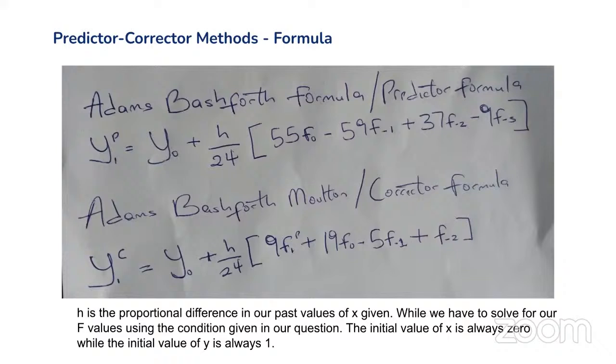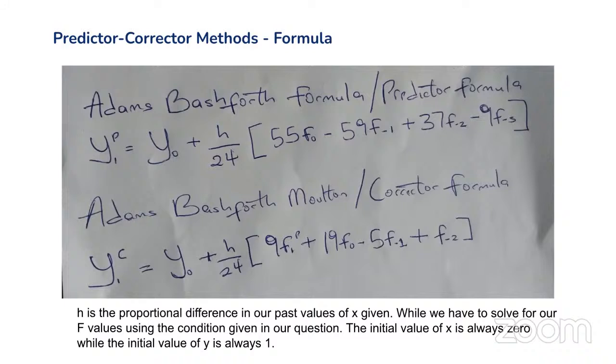You can deduce h by looking at the difference in the increments of your past x values, because they increase proportionally from one past value to another. For example, it starts from 0, then goes to 0.1, then 0.2, 0.3, and so on. The difference from one point to another is your step size. So in some questions you're given the step size, while in others you have to deduce it yourself.